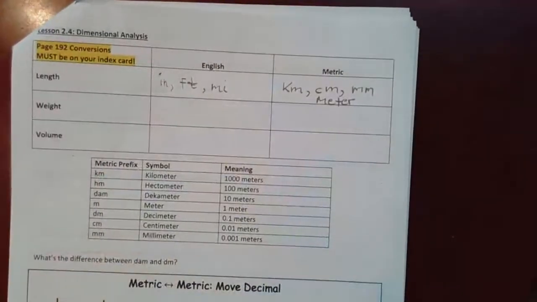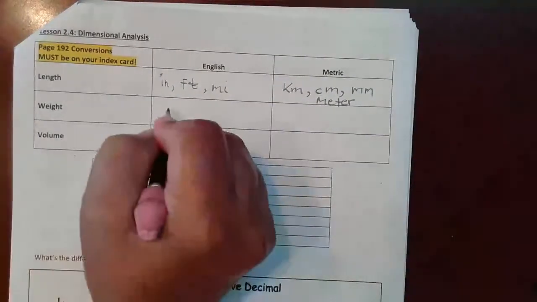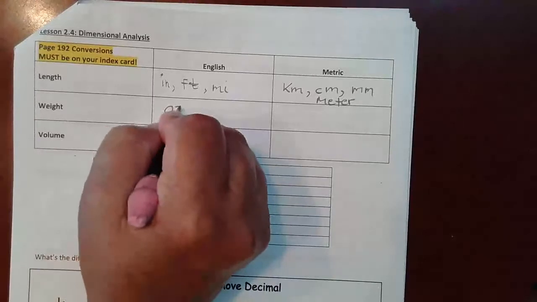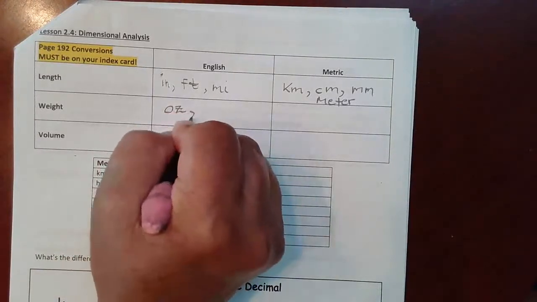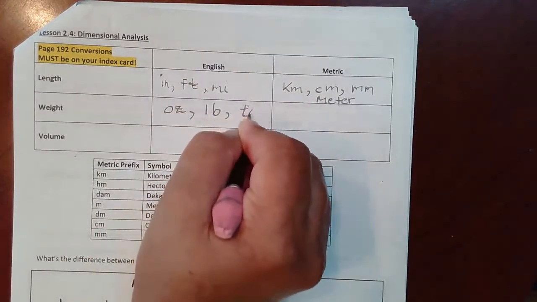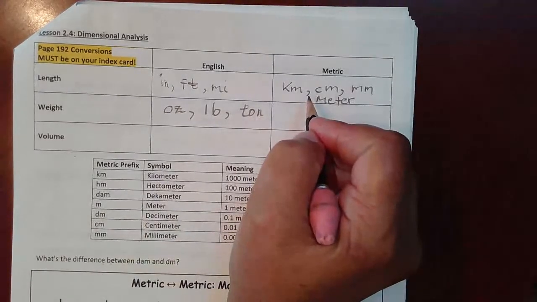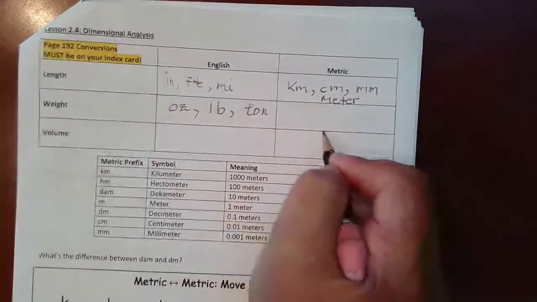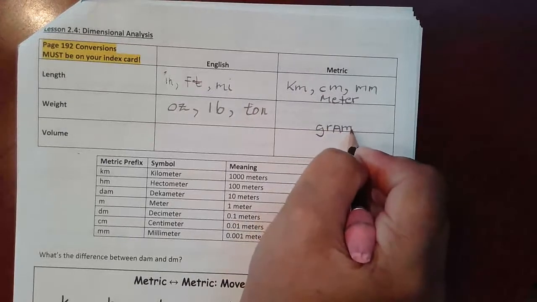Okay, when you're talking about weight, we use ounces in the English system, we use pounds, we use tons. That was just all stuff that was in the table. And then when you're in the metric system, we use what's called grams. That's for weight.